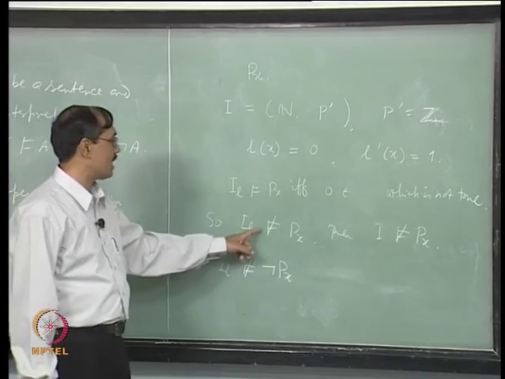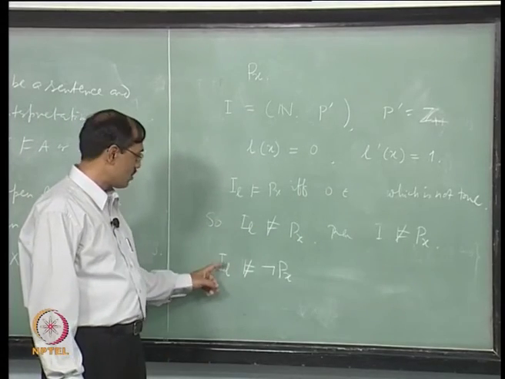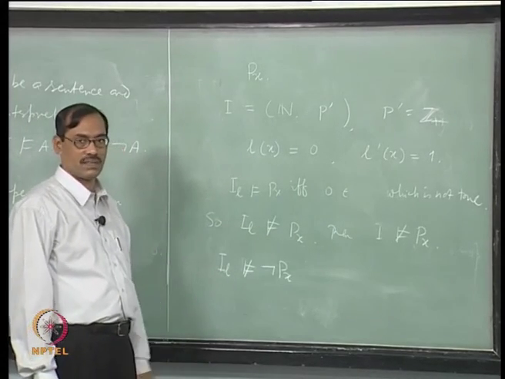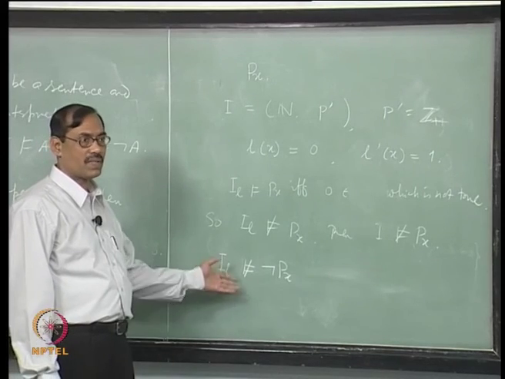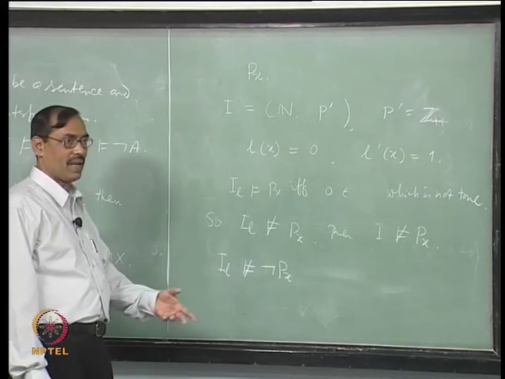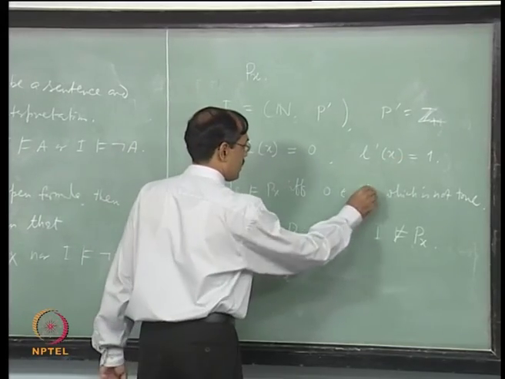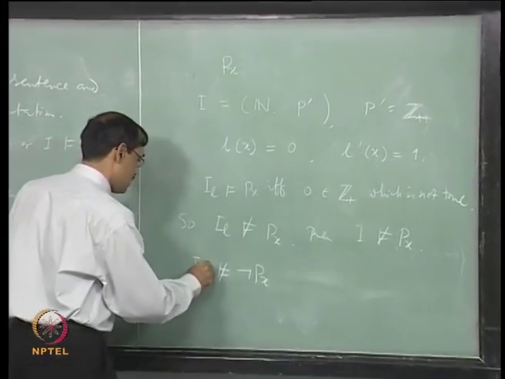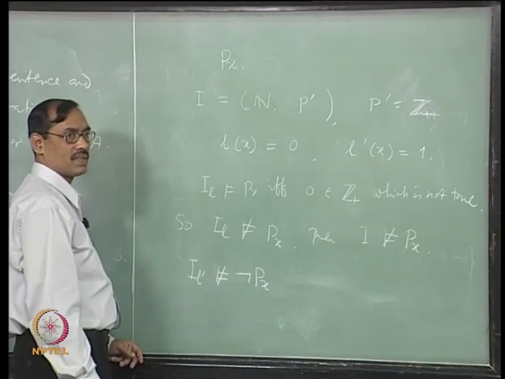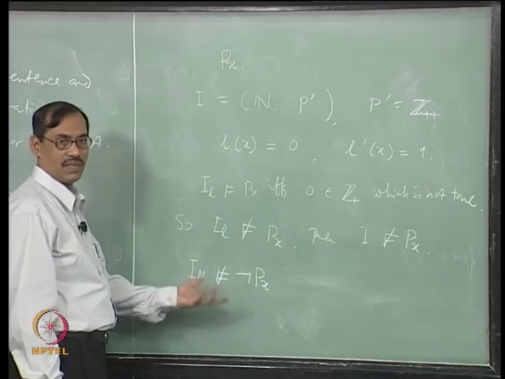Here we have shown that I L does not satisfy P x. Now we want to show I L does not satisfy not P x, right. But that will not happen. Let us take I L prime, because L prime x we have taken as 1. So, let us try I L prime does not satisfy not P x. Is it true? That is what we want to verify.